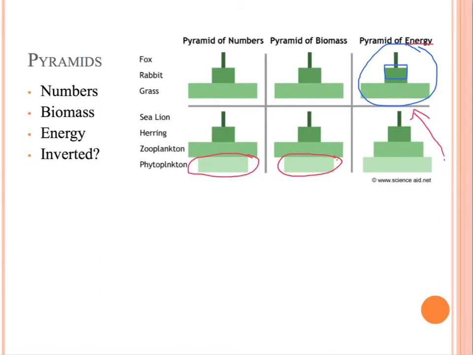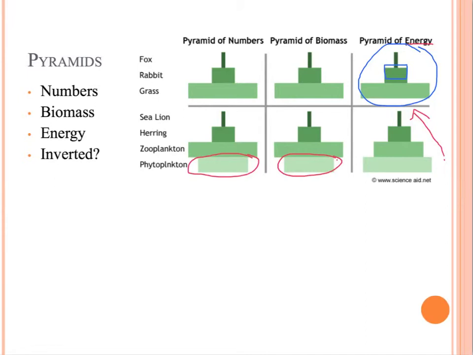The other time you might see something like this is where you have, particularly with the numbers, a very large single producer sustaining a population of herbivores and carnivores above it. Generally, the example being given will be for a very large tree sustaining a population of maybe tens of thousands of small insects which get eaten by birds and then get eaten by snakes perhaps.